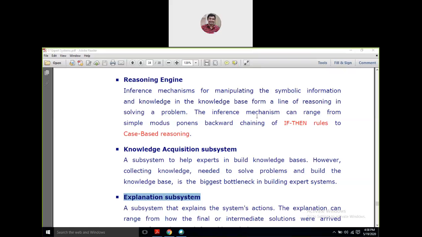Generally this decision-making process varies from situation to situation. That means it is very much unique to each and every case for which the expert system is being used.